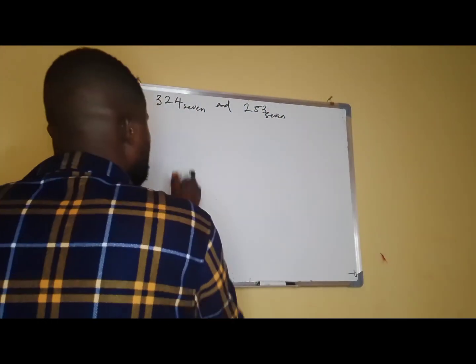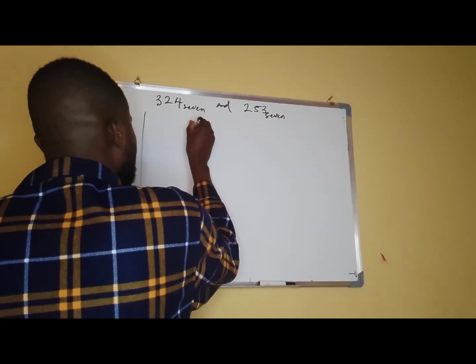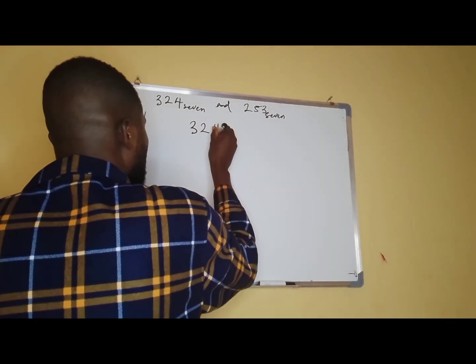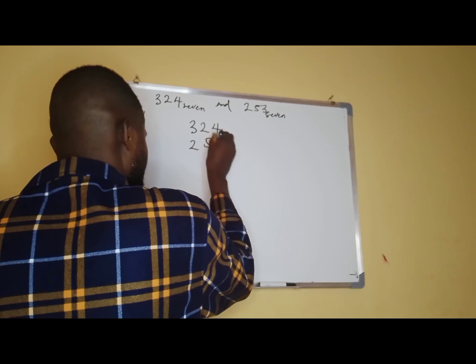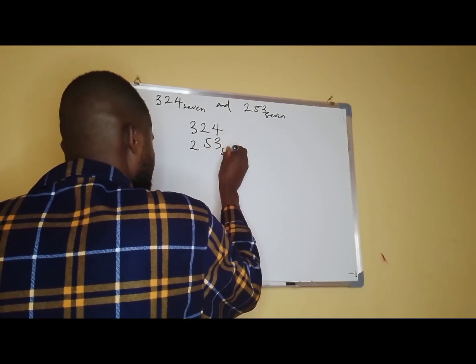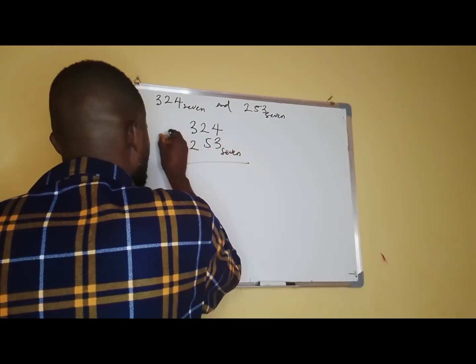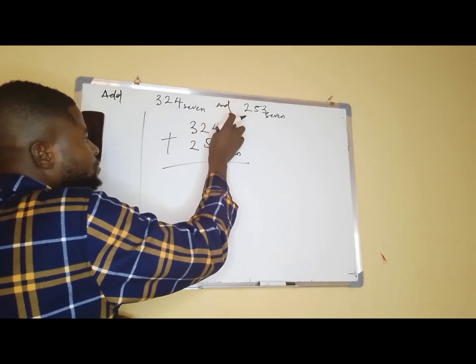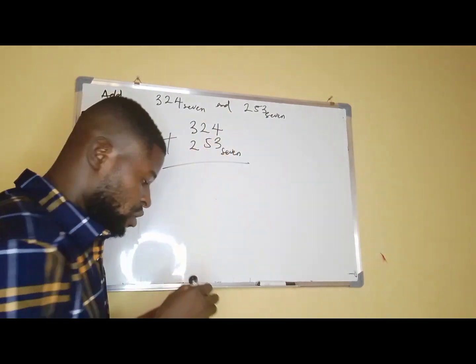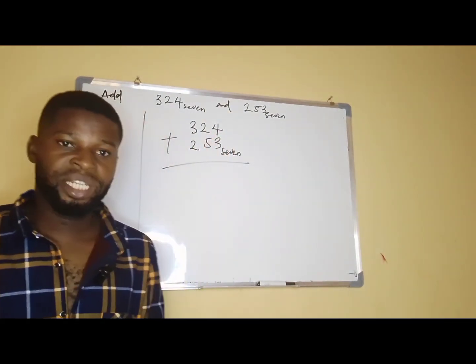Now what will you do? You say 324 plus 253, all in base 7. This may come first, either this or this, because addition is commutative.